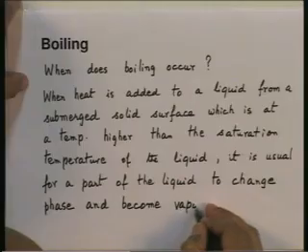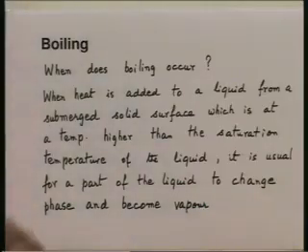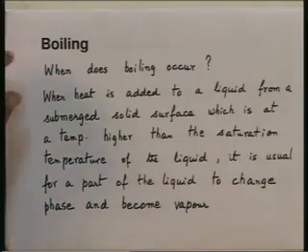If I have a liquid and heat is added to it from a submerged solid surface, which is at a temperature higher than the saturation temperature of the liquid, it is usual for a part of the liquid to change phase and become vapor.